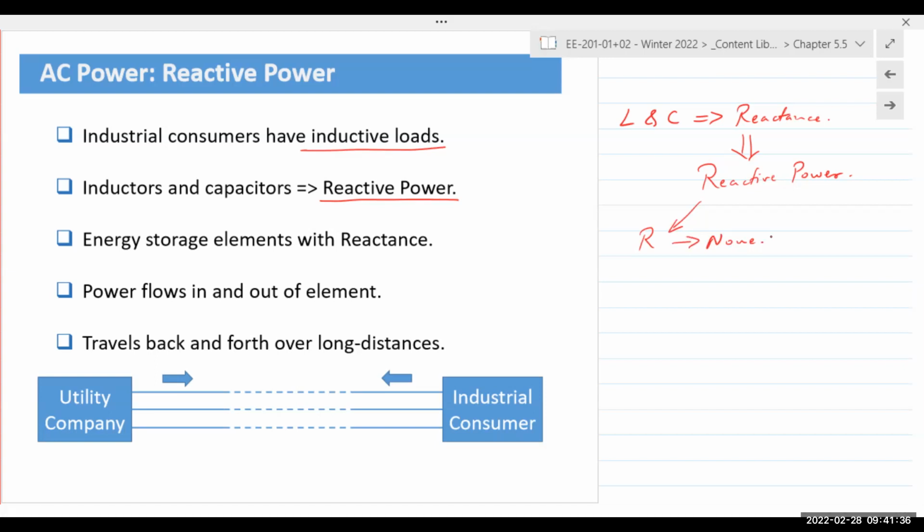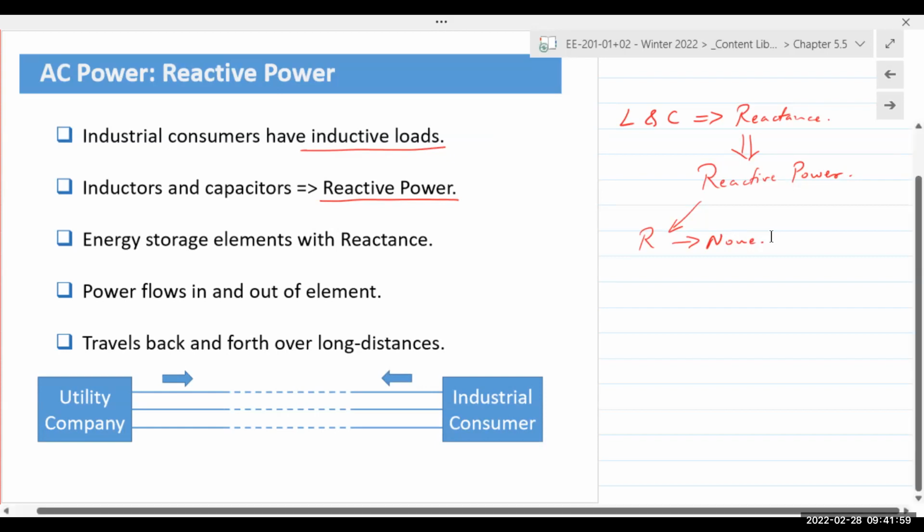Well, the power that is received, let's say for inductive loads, is only used to set up the magnetic field. It does not do any real work. The real work of converting the electrical energy into mechanical energy is associated with what we call real power, or P. Okay, real power, or P.